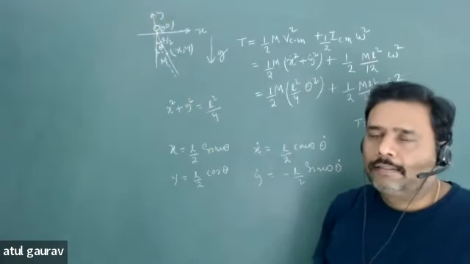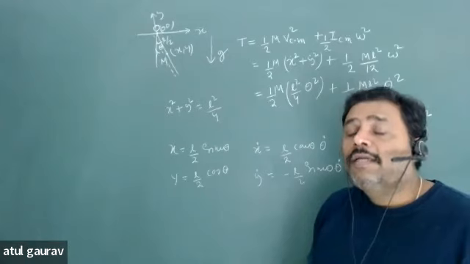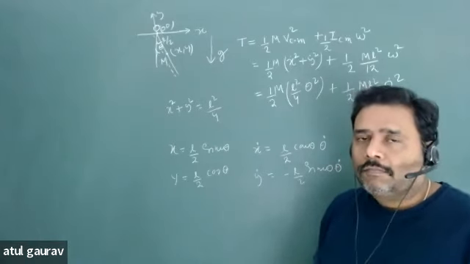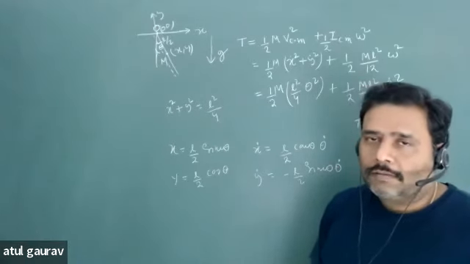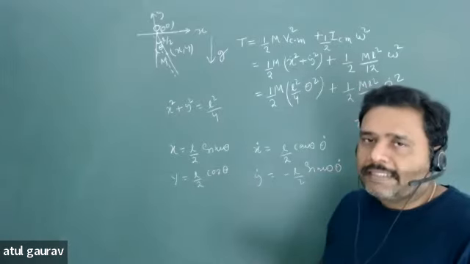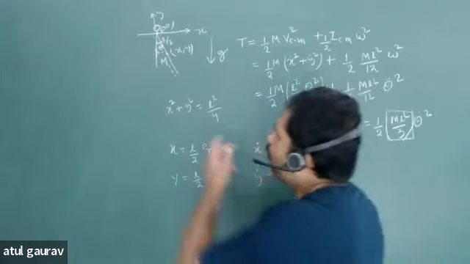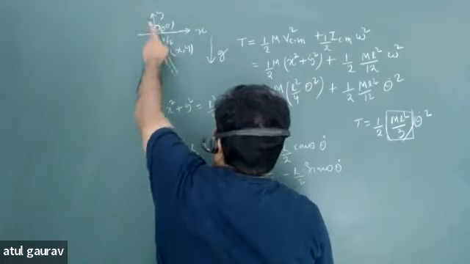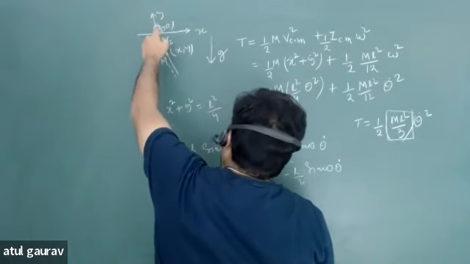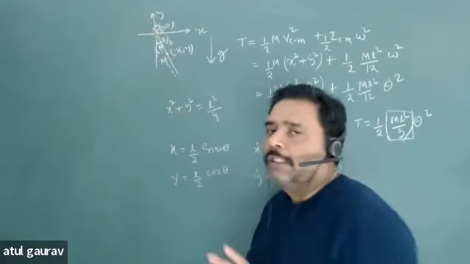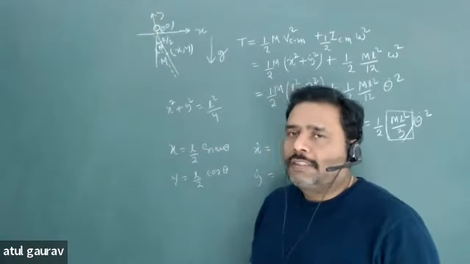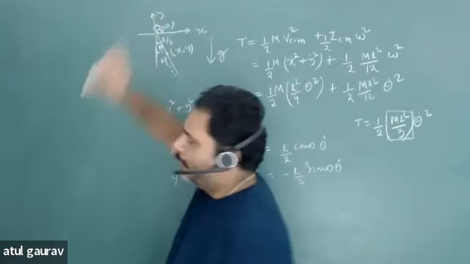You can take it, but in some problems this will never work. This is a case of pure rotation. What is pure rotation? Pure rotation means the point of suspension and the center of mass always have the same distance during the motion. Then you can directly use your moment of inertia about this point.